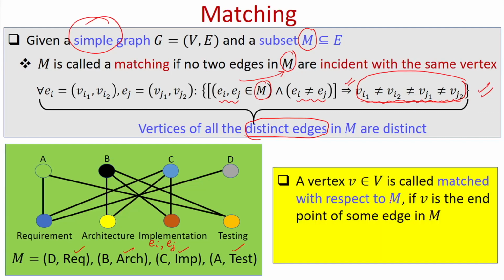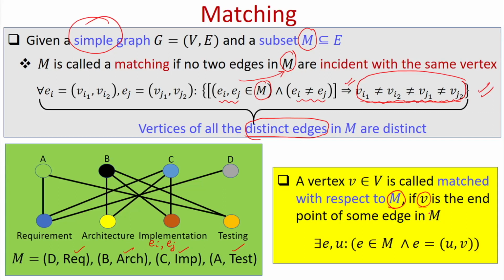So if I have a matching M, then a vertex v in my graph will be called matched with respect to that matching if the vertex v is the endpoint of some edge in my matching. Otherwise, the vertex v is called unmatched.